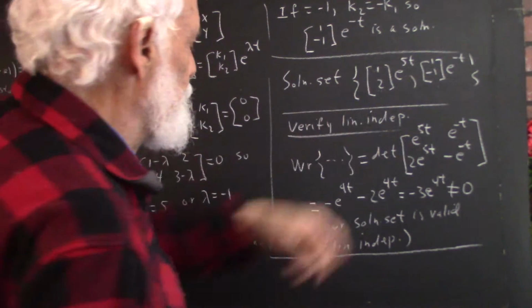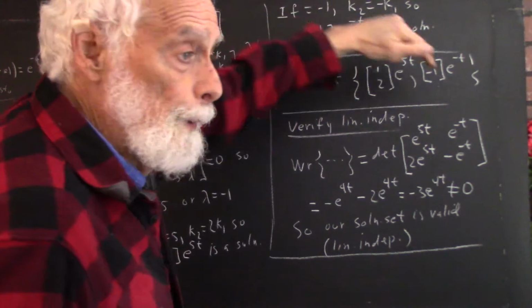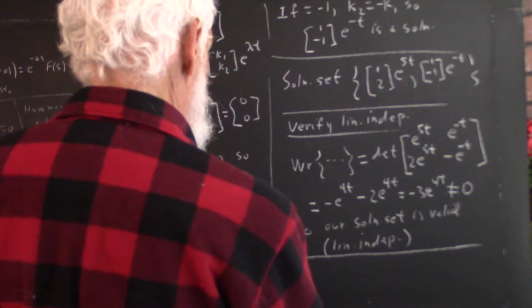Okay, there's our solution set. Our general solution is a linear combination of the vectors in the solution set.